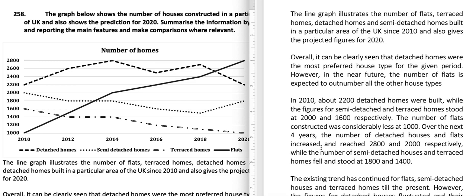While the number of semi-detached houses and terraced homes fell and stood at 1,800 and 1,400 respectively. We can even say fell to.